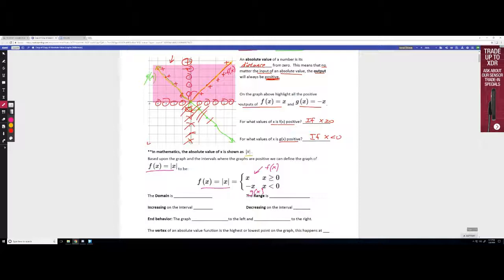Everything in that pink right there is basically saying it this way. So this is the actual definition. This is just the result on a graph, that yellow V right there.